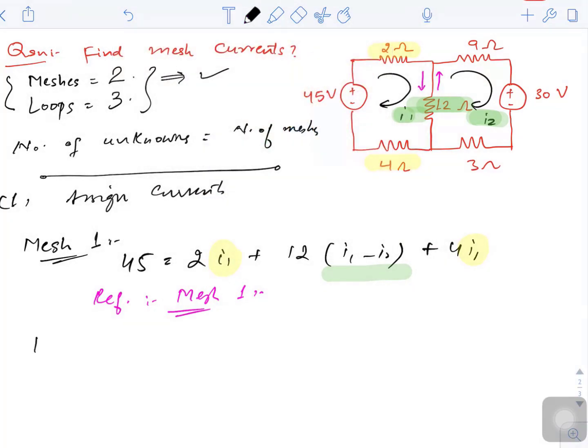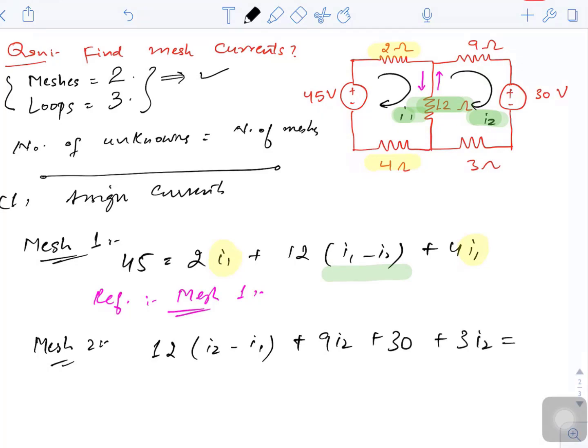Now if I come to mesh number 2, what would be my equation? You can start from any of the branches, it does not matter. So I can write 12(I2 minus I1) plus 9I2 plus 30 plus 3I2 is equal to 0.